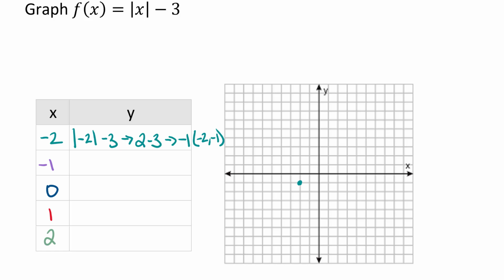All right, if I have -1, I'm going to have the absolute value of -1 minus 3, which becomes +1 minus 3, which is -2. So this point is at -1, -2. I'm going to follow the same procedure for my other 3 points.